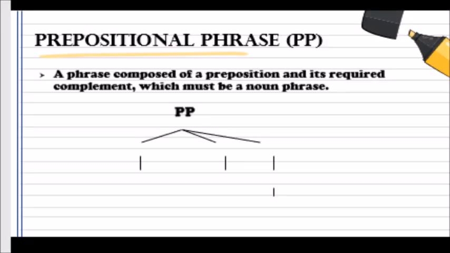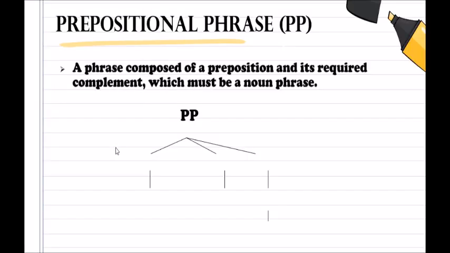Now, how could a noun phrase become a complement of a prepositional phrase? Of course, a prepositional phrase also consists of a noun. Now, let's take a look at this example. Prepositional phrase consists of a degree word, the preposition, and the noun phrase.